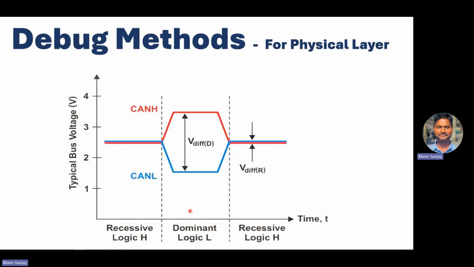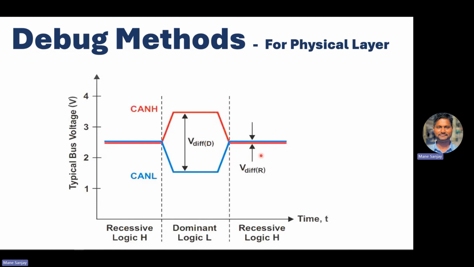So this is the dominant state, this is CAN H and this is CAN L. When the bus is in the dominant state, the differential voltage must be greater than 1.2 volt. DC volt I'm referring to here. This is the voltage and this is the time I'm talking about. And this is the signal getting transferred into the CAN bus. We have just punctured the CAN H and CAN L and used the oscilloscope probes to measure that differential voltage.